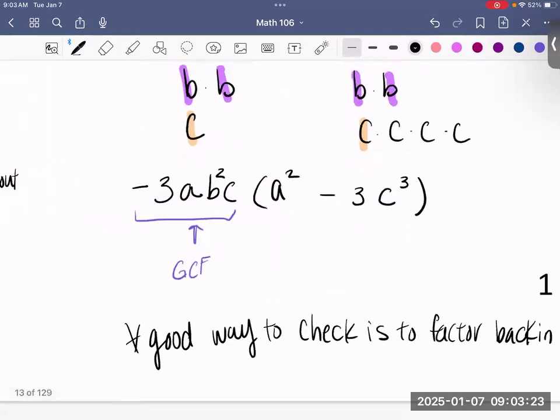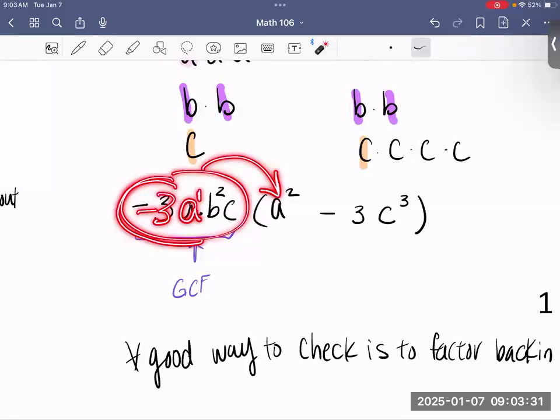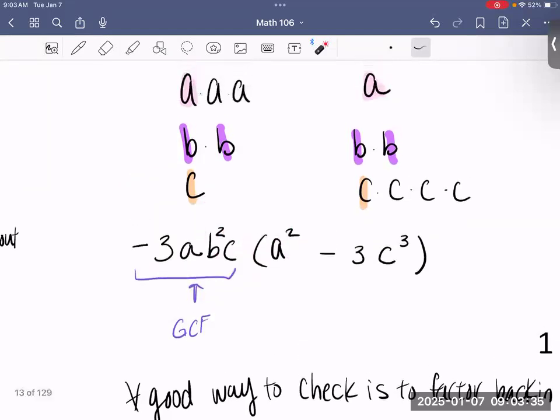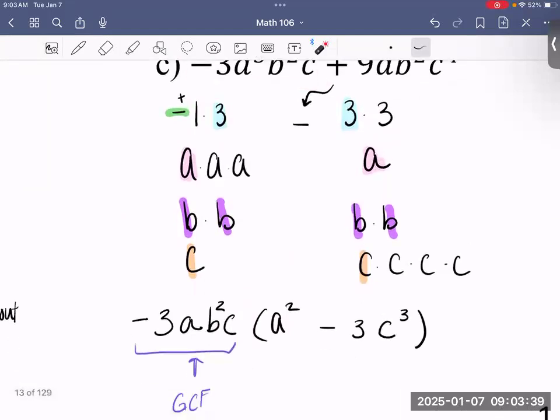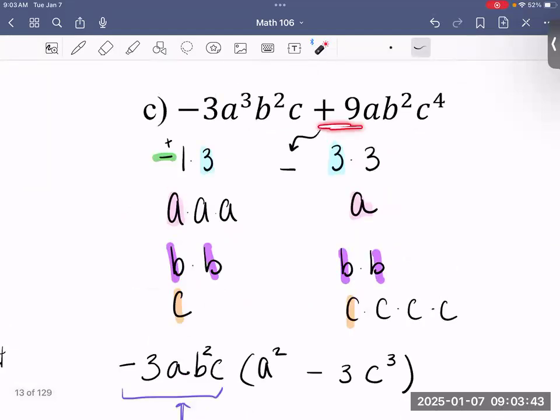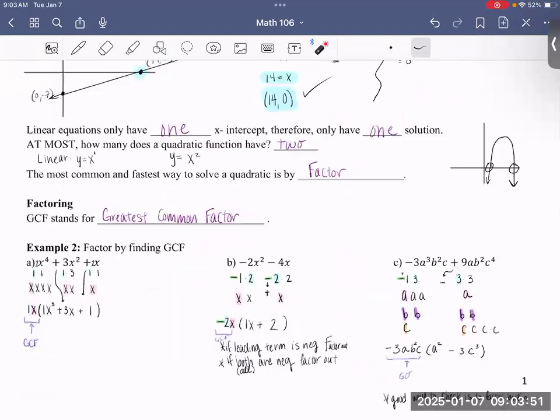So factoring back in, you're multiplying this whole thing into here. So you get a -3. There's 1A here and 2, meaning we get 3 A's, then B squared C, which is exactly what we had here. We're multiplying a -3 times a -3, which makes a +9. Then again, A, B squared. You got 1C and 3 C's to make 4. So that is A-okay.